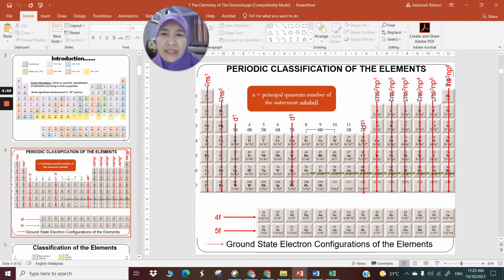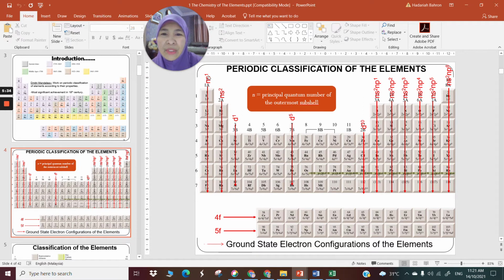And then you have n is equal to 3, which is the principal quantum number of 3, where the elements are said to have outermost electrons in the third shell, where you find sodium, magnesium, aluminium, silicon, phosphorus, sulfur, chlorine, and argon, and so on and so forth. We go on to n equals 4, 5, 6, 7, and we have here the actinides and the lanthanides series. Now that is going across the period.